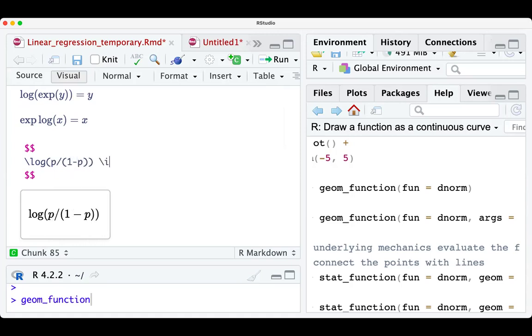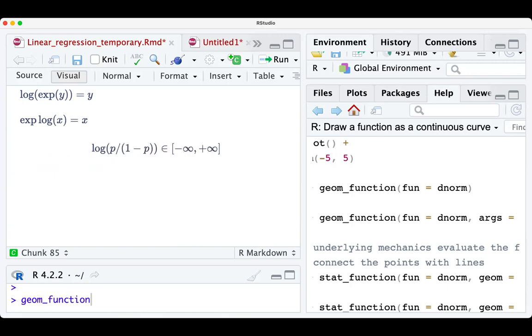This is a number which goes from minus infinity to plus infinity. Why? Because this p divided by 1 minus p was in 0 to plus infinity. The logarithm sends 0 to minus infinity, and plus infinity to plus infinity.